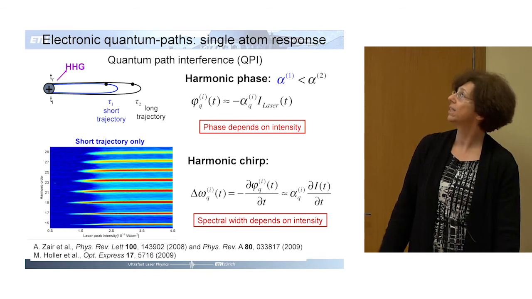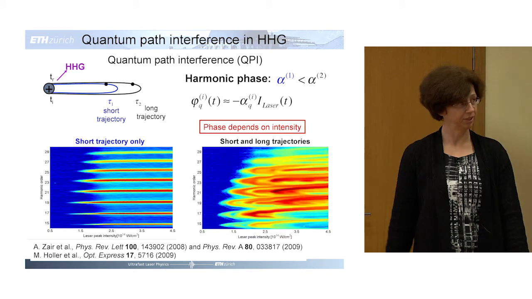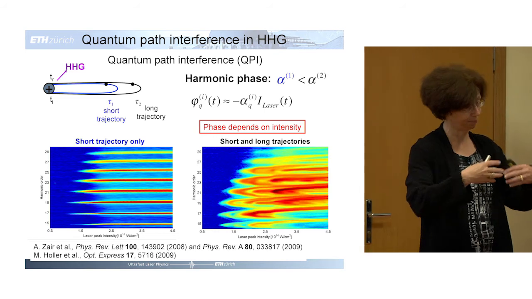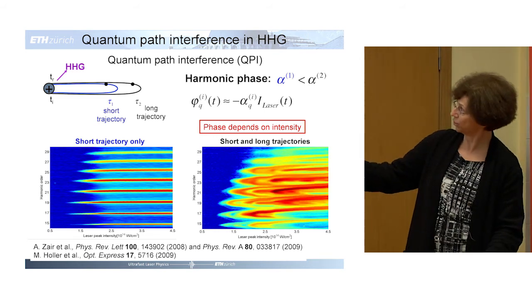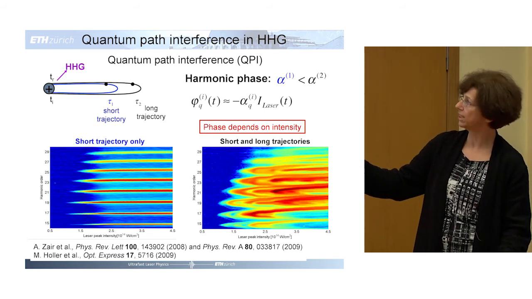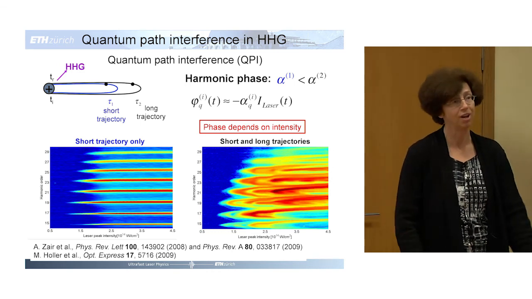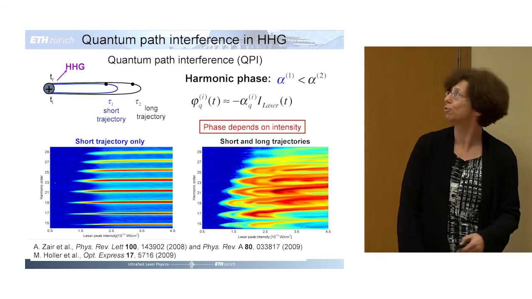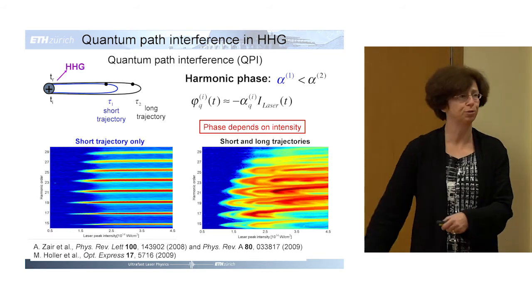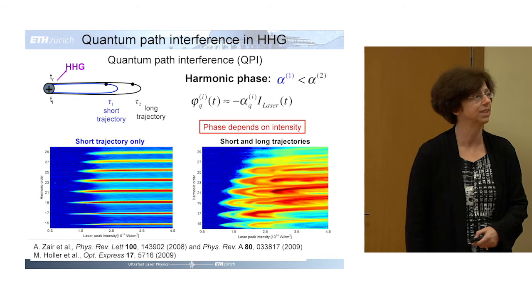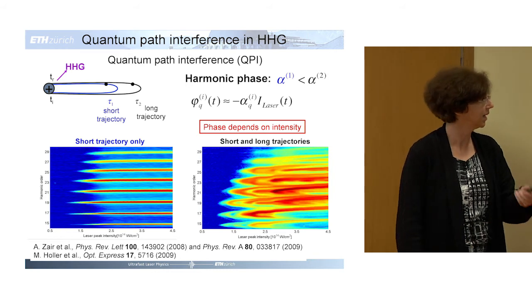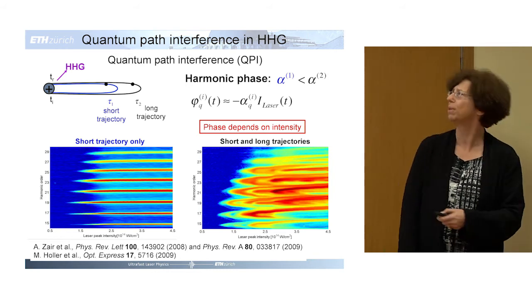And you also predict that if you get both trajectories going and they interfere, then you're going to have a modulation of these harmonics, and the long trajectory is even more strongly chirped because it scales with alpha. So everything is nicely understood and makes sense, and we observed all of that and a whole bunch of other things. So the semi-classical single active electron approximation was extremely successful.